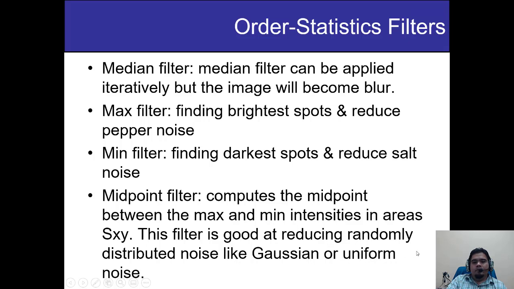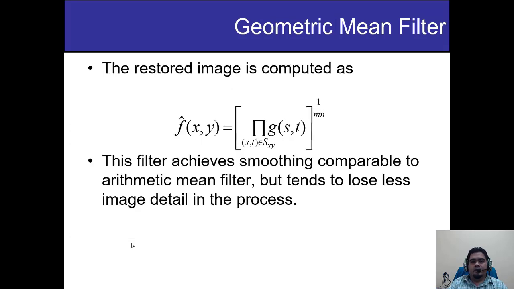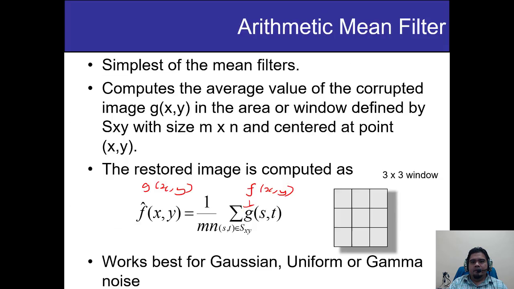Gaussian noise is very common. If you find out that your image is affected with Gaussian noise, there are many filters you can use. One of them is the midpoint filter, and you can also use many of the mean family filters, such as the geometric mean filter and the arithmetic mean filter.